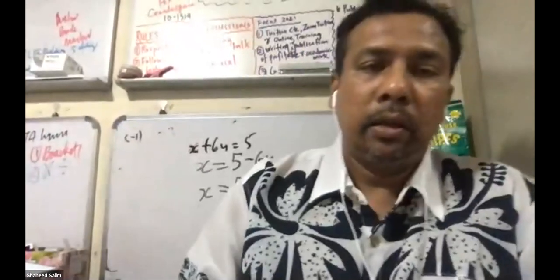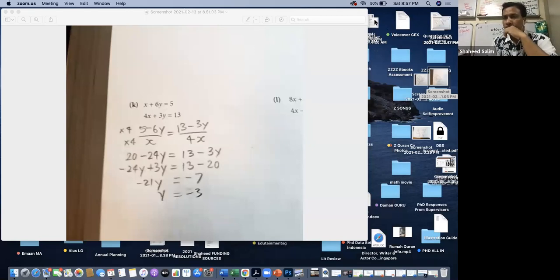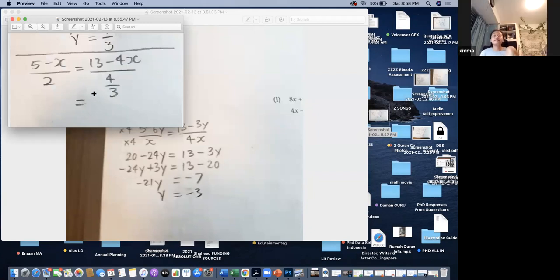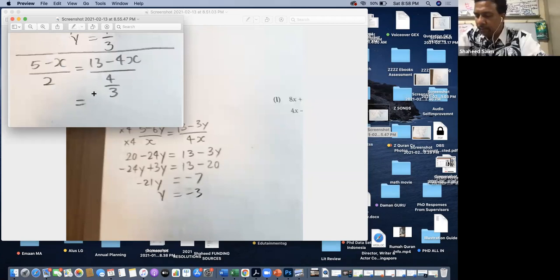Okay. Is this one? This is the one, is it? Yeah. Okay, so let me see. 5 minus x. Okay, the y over there. 6y equals to that. 13 minus 4x.